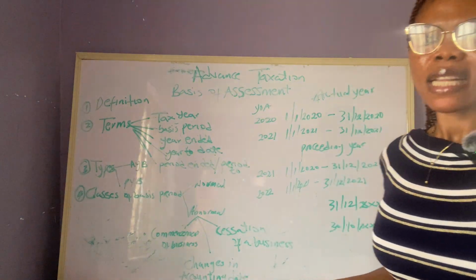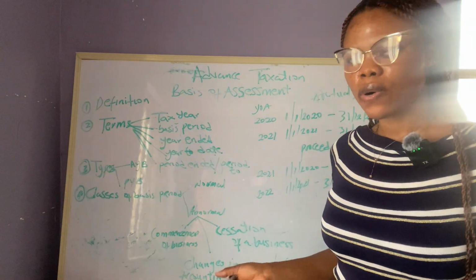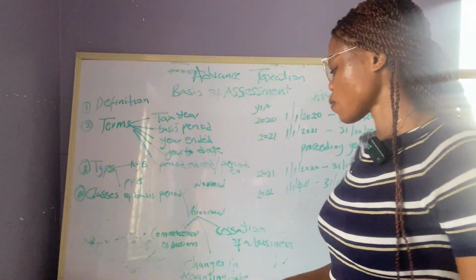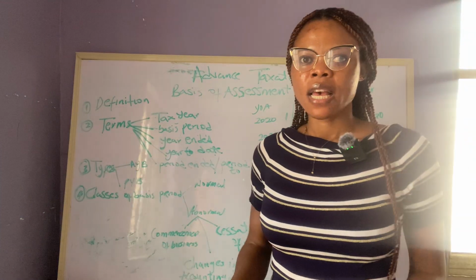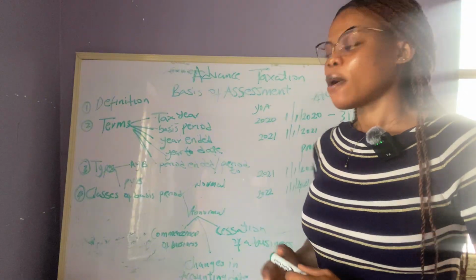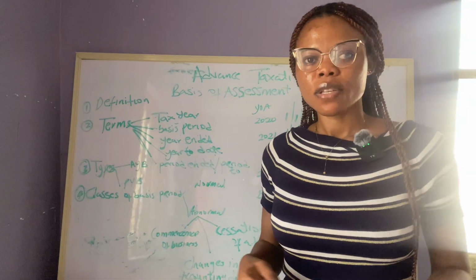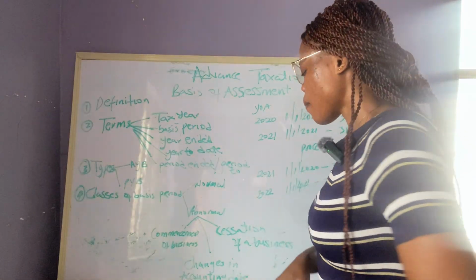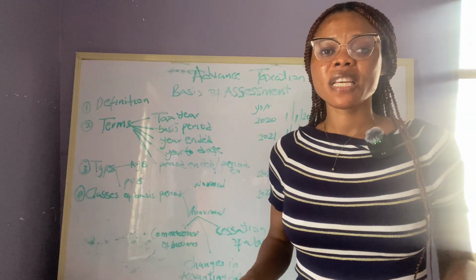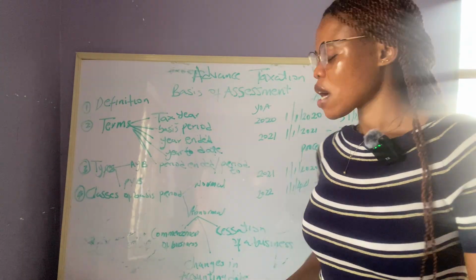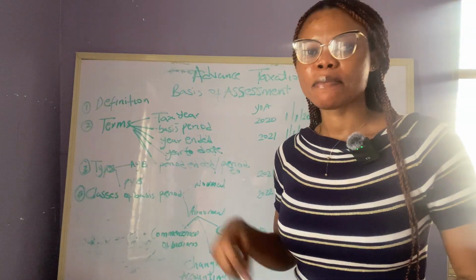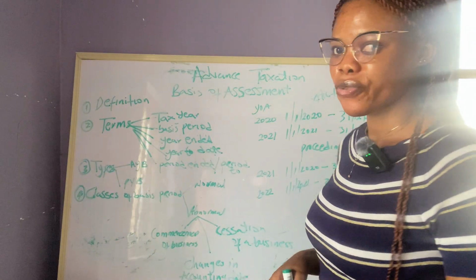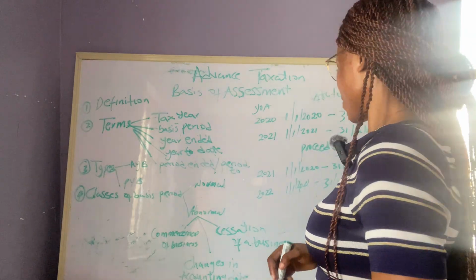That means there's a change in accounting date, and when such occurs, this is what creates abnormality. We also have cessation of a business. There are situations where a company doesn't want to carry on operations anymore, and when the company ceases operations, it can also create abnormality in the basis period.